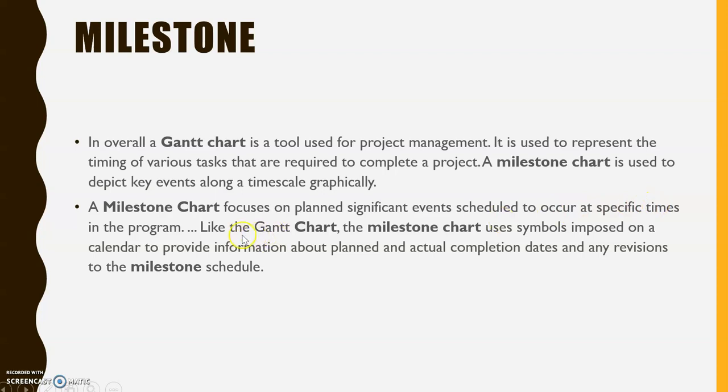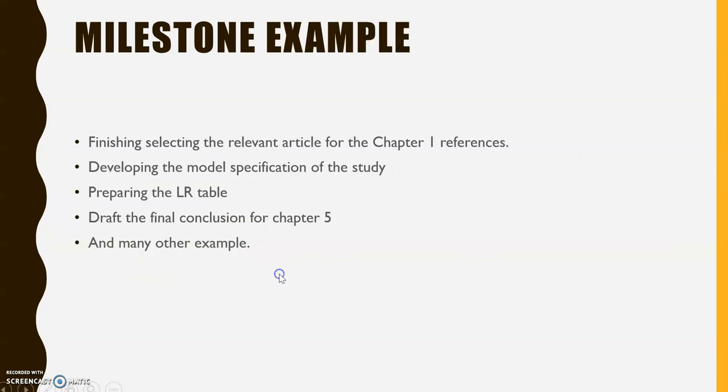the program. Like the Gantt chart, the milestone chart uses symbols imposed on the calendar to provide information about planned and actual completion dates and any revisions to the milestone schedule. Okay, a milestone example is finishing selecting the relevant articles for chapter 1 references.